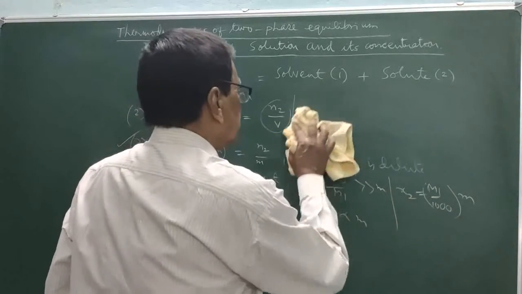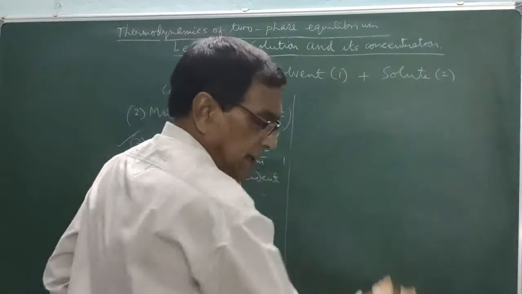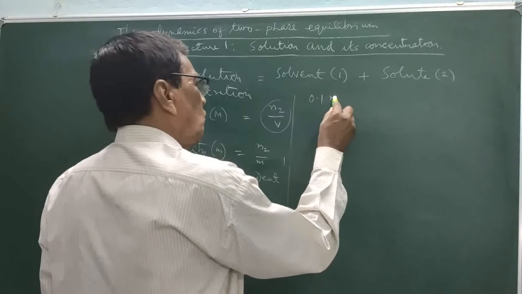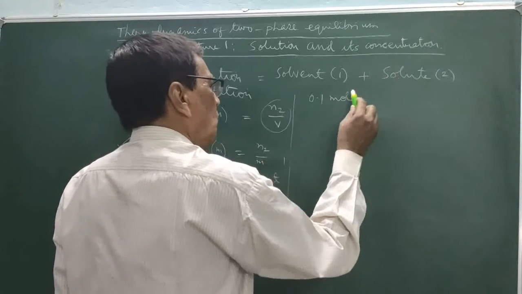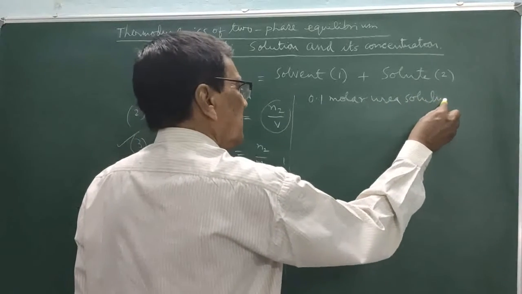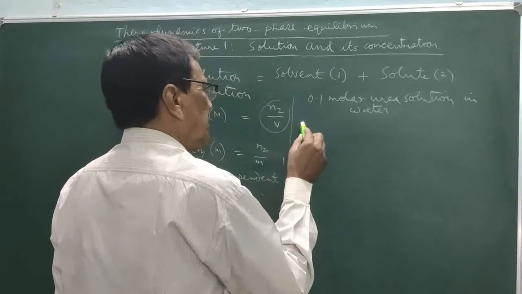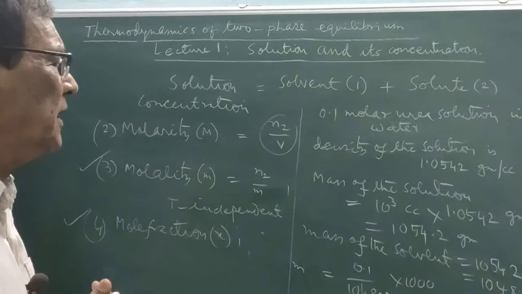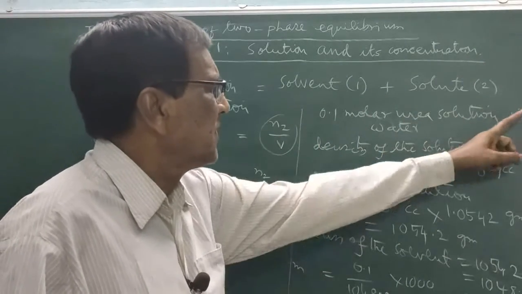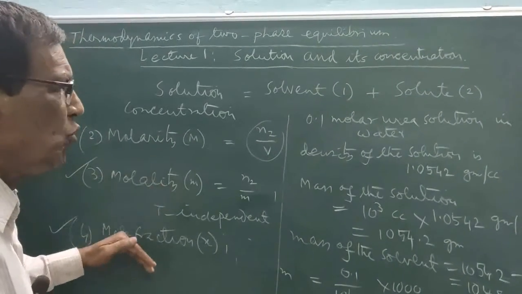Again we can find the interrelation between molarity, molality and mole fraction. Suppose we have a 0.1 molar urea solution in water, and this molar solution is to be expressed in terms of molality and mole fraction.